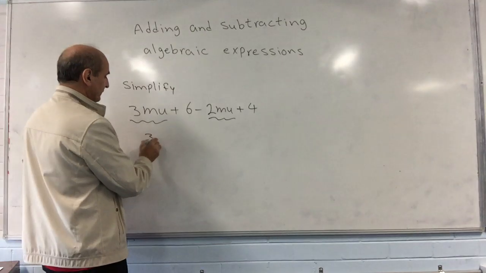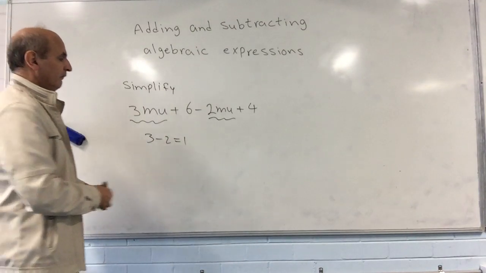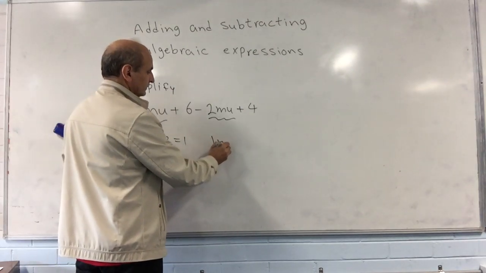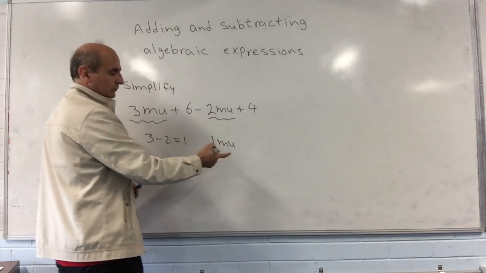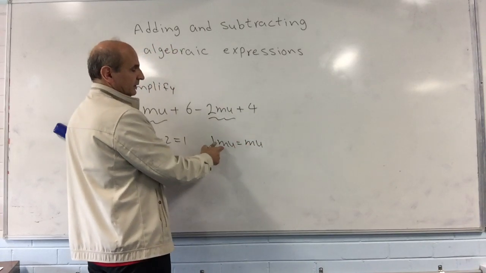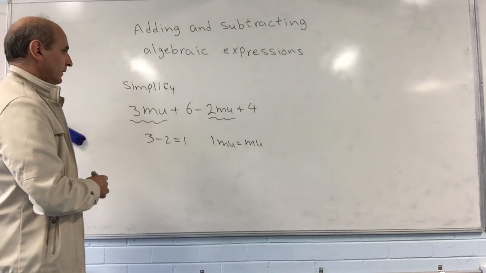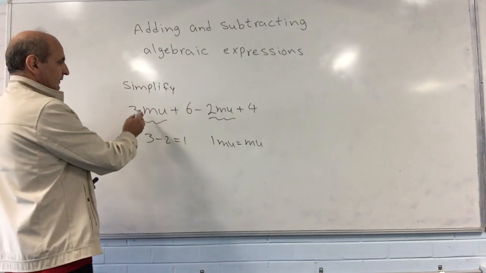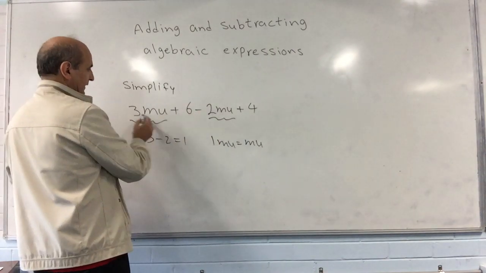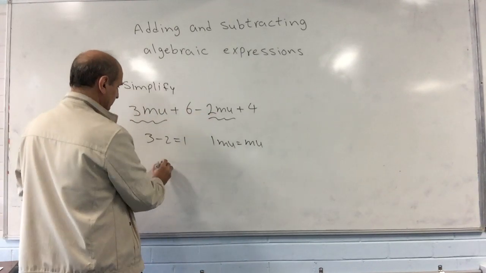So we can combine them, and 3 minus 2 is 1. So then it means we have 1mu. But 1mu means just mu, because 1 times anything is just itself. 1mu is just mu.